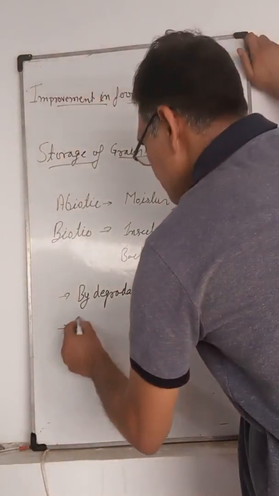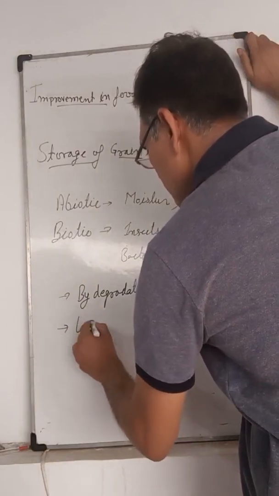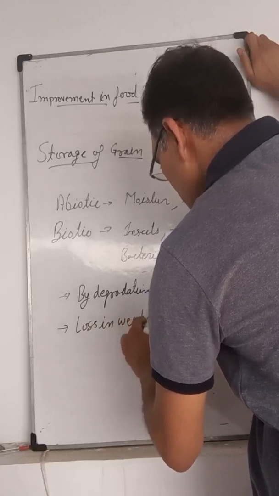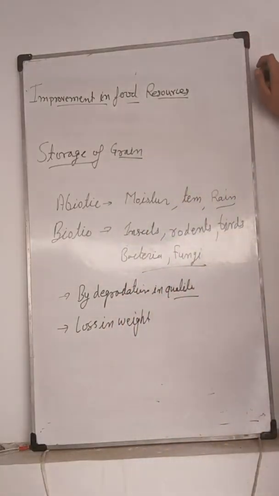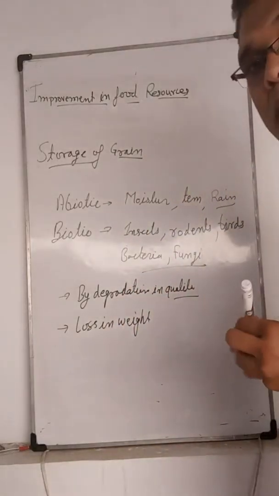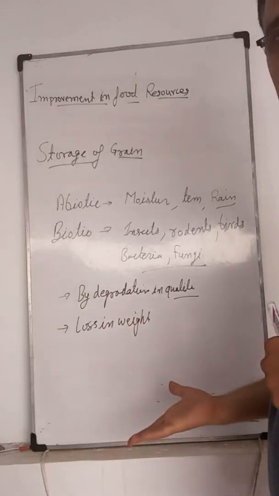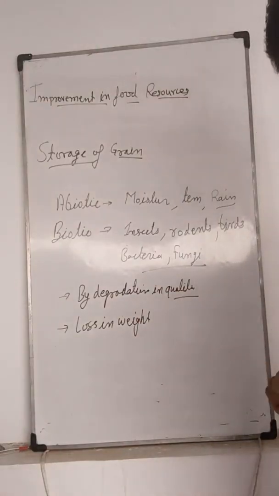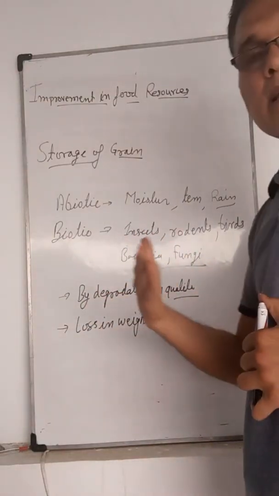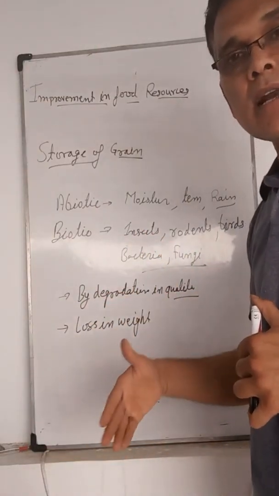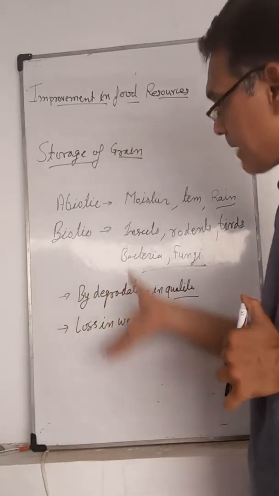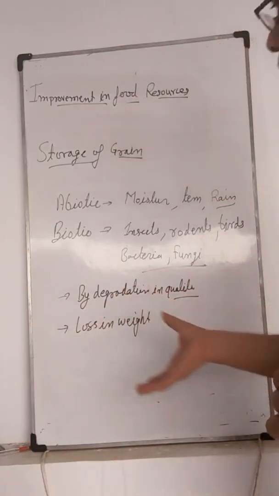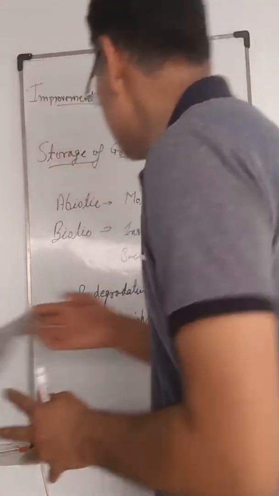Loss in weight, poor marketability, cutting of grains, or contamination by animal excreta, hairs and other things. By mixing of these things, they degrade the quality of stored grains.